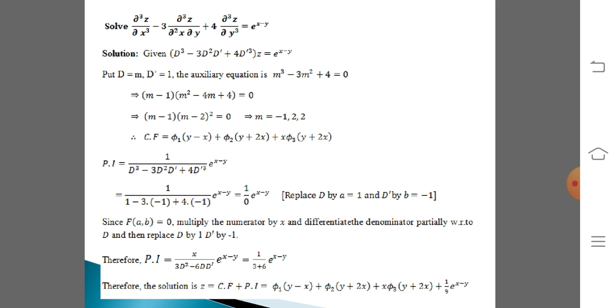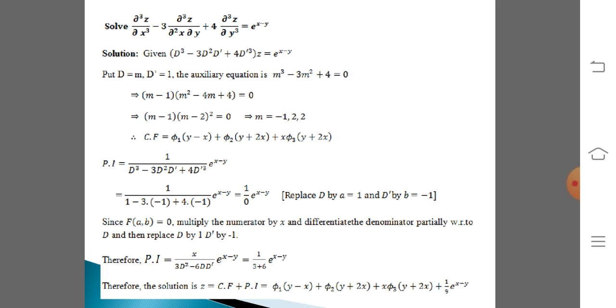So by using the rule for writing complementary function, CF for this equation is phi 1 of (y minus 1x) corresponding to m equal to minus 1, that is phi 1 of (y minus x), plus, coming to the roots 2, 2, which are same, the terms in CF are phi 2 of (y plus 2x) plus x into phi 3 of (y plus 2x). So this is the CF.